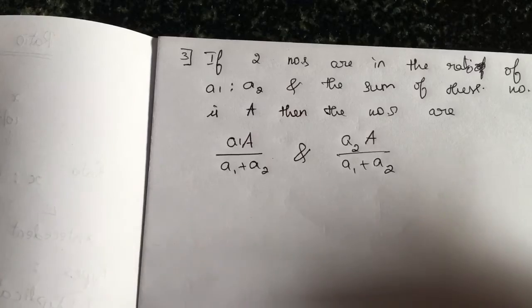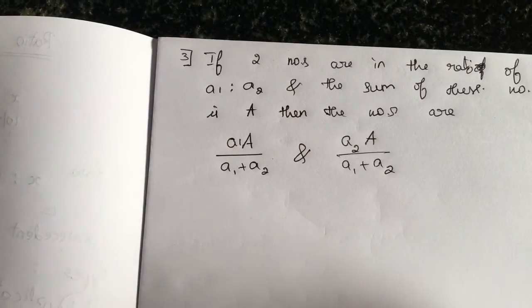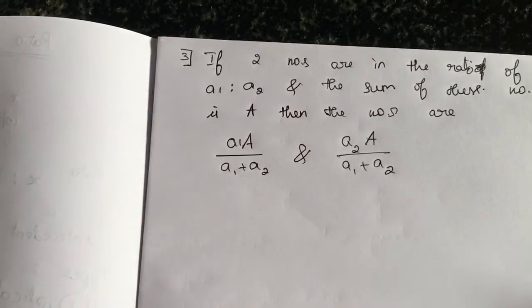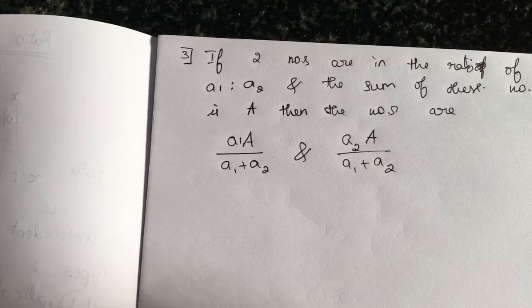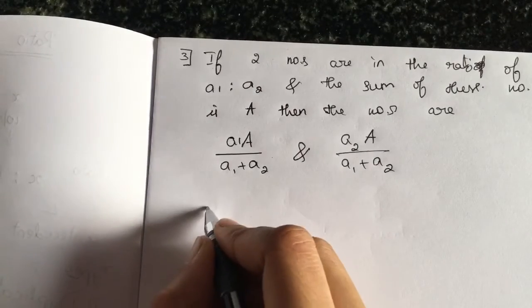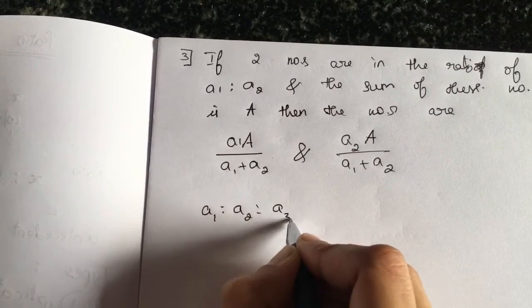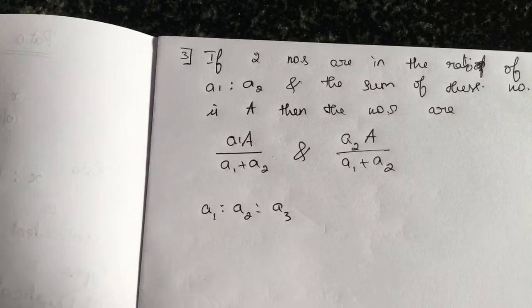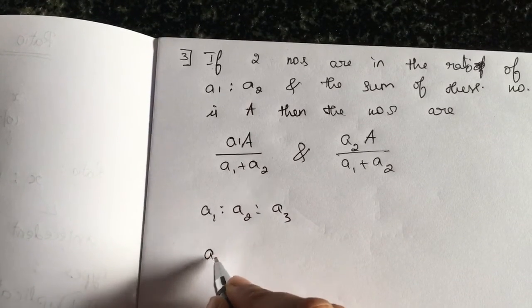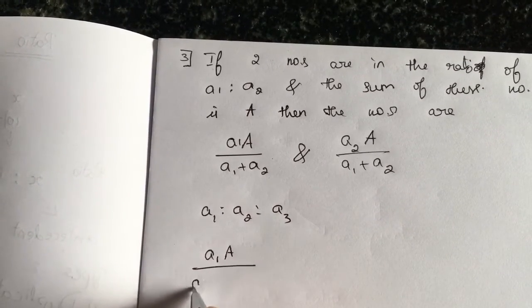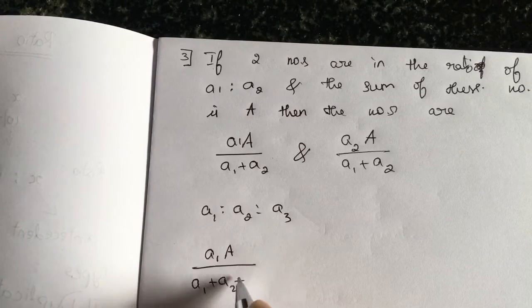Similarly, if three numbers are in the ratio A1 is to A2 is to A3, then I can write the three numbers as: first, A1 into A by A1 plus A2 plus A3.